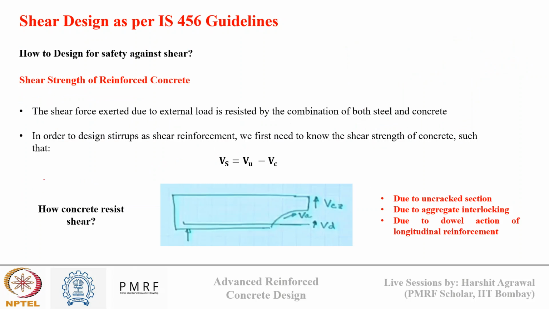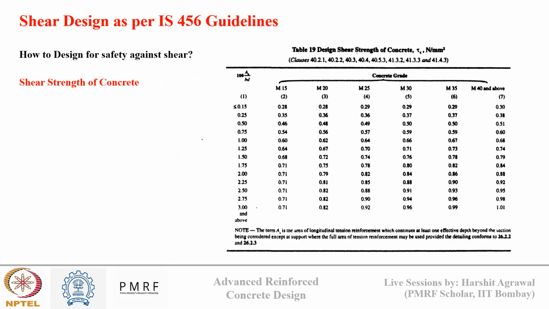Now for determining the shear strength of concrete, we use table number 19. So this table number 19 tells us how much resistance concrete will provide to shear. Based on the percentage area of longitudinal steel reinforcement that we have provided and the concrete grade, we can determine the shear strength of concrete. Suppose my percentage reinforcement is 1% and my concrete grade is M20, the shear strength of concrete will be 0.62.